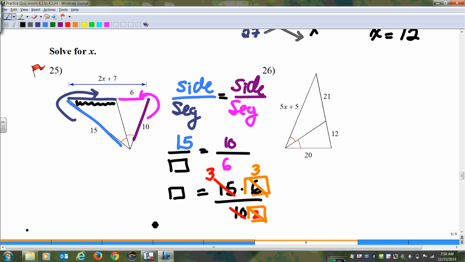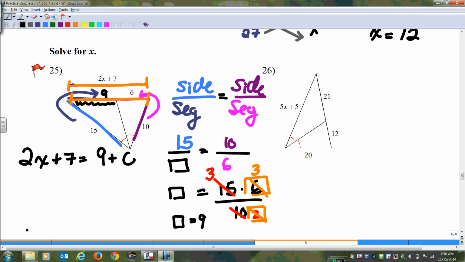So 3 times 3, the box is 9. Now we take a look at what we want. We want to solve for this segment, and we see that this segment actually equals 9 plus 6, so we can do this. 2x plus 7 equals 9 plus 6. And you can take it from there.